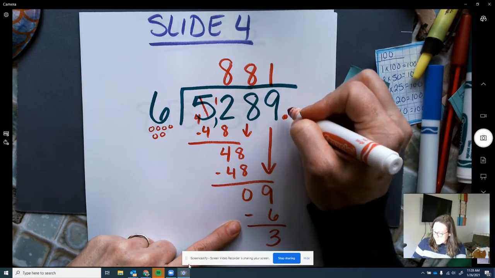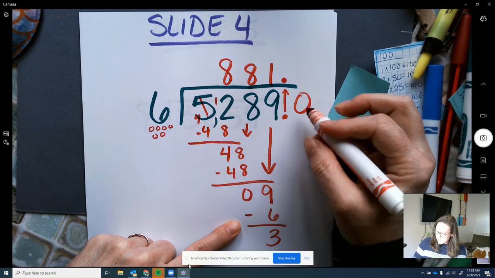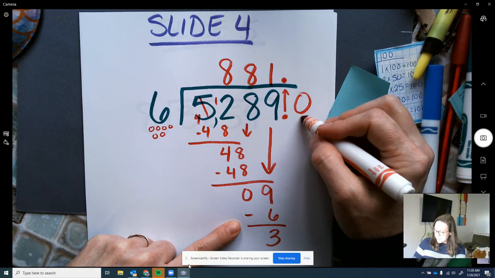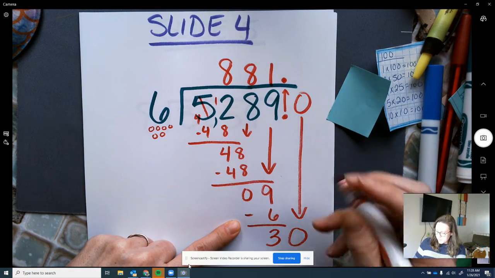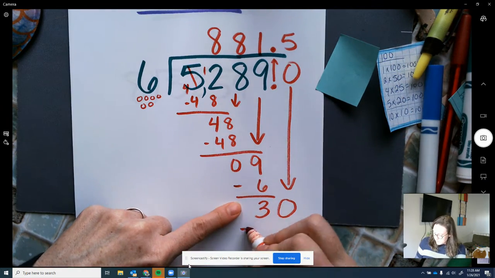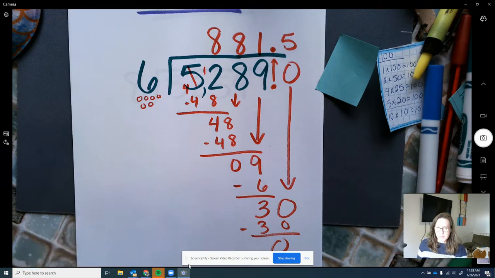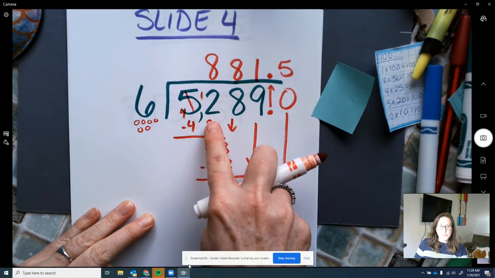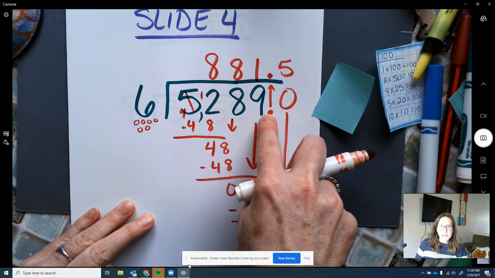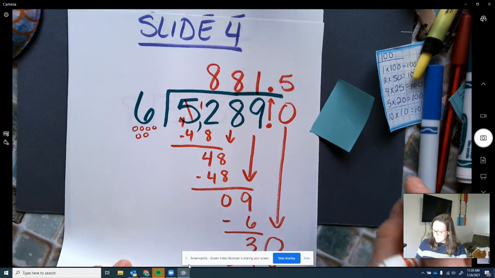Now I'm going to put my decimal in and pop it up into my answer and put a 0 in the 10th place and bring down my 0. 6 goes into 30 5 times. 5 times 6 is 30, so I have nothing left. So 5,289 divided by 6 is 881 and 5/10.